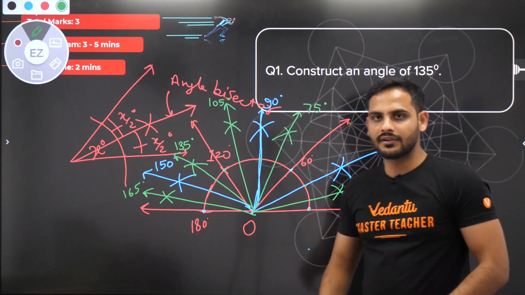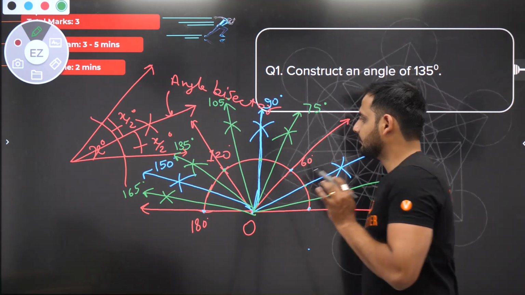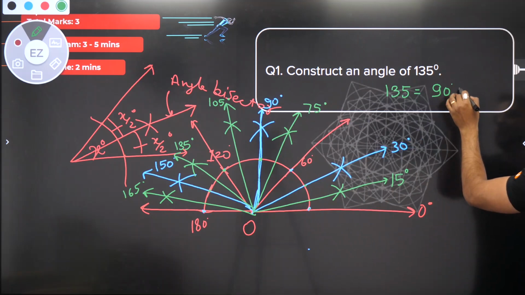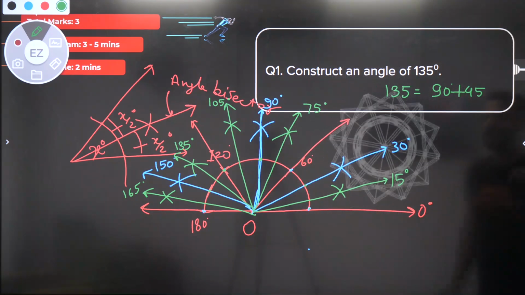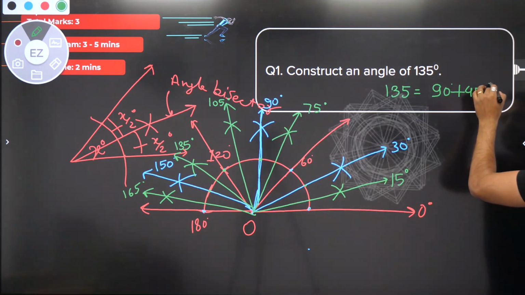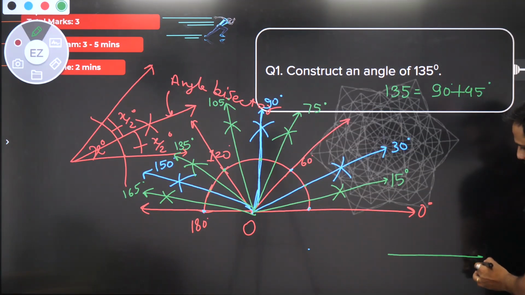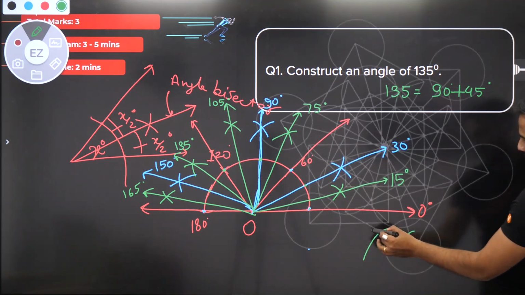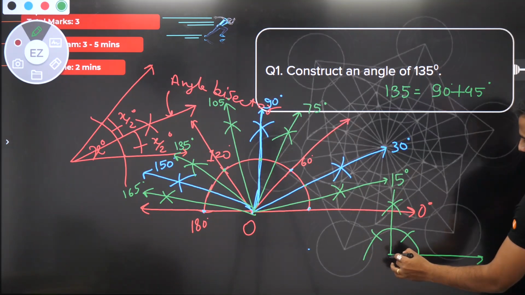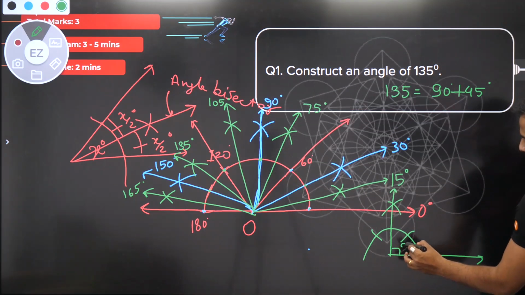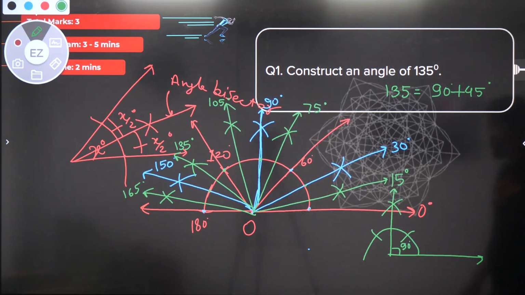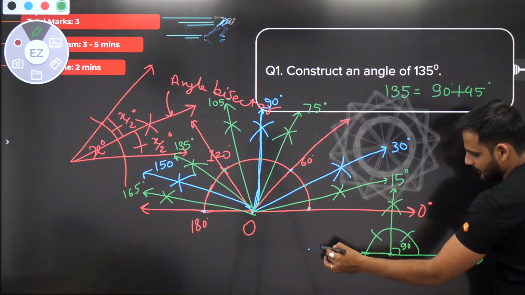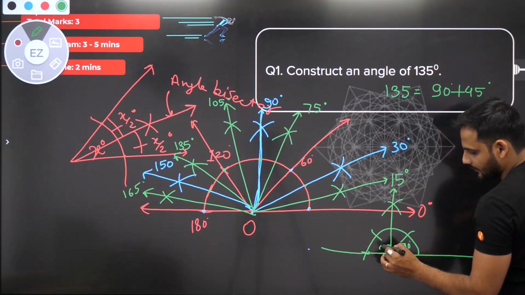Or another way of doing it is, see, 135 can be written as 90 plus 45. Yes or no? If I draw a line, and let's say I have drawn it like this, it is 60, and this is your 90 degrees. Correct? Suppose I get my angle of 180 degrees also, so I know this angle is also 90 degrees.